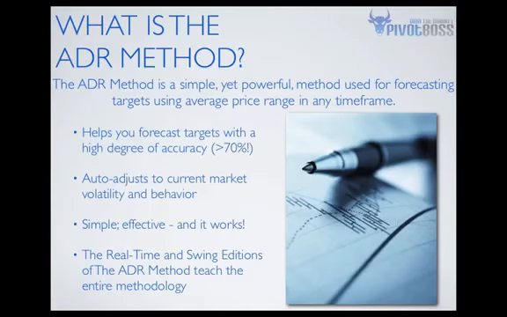And that's important because I really like to teach concepts that scale across any time frame or any style of trading. So if you trade minute bars or if you trade weekly or monthly bars, you can use these types of targets, and that's important. What's great about the ADR method is it helps you forecast targets with a very high degree of accuracy.